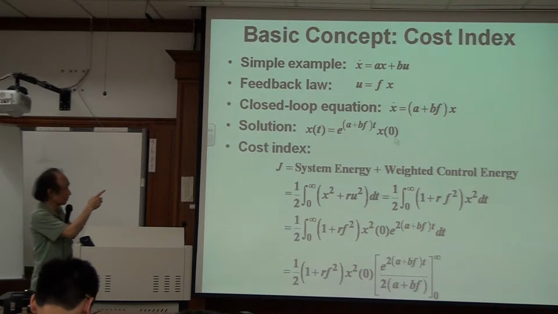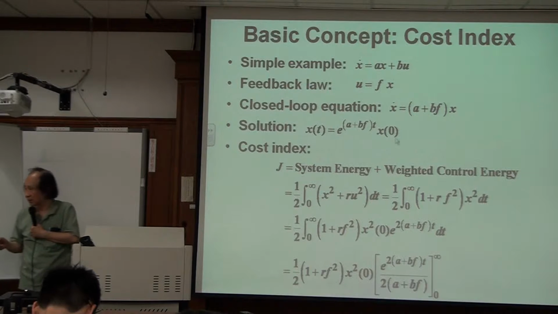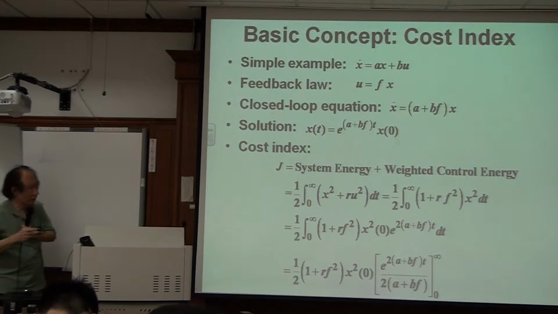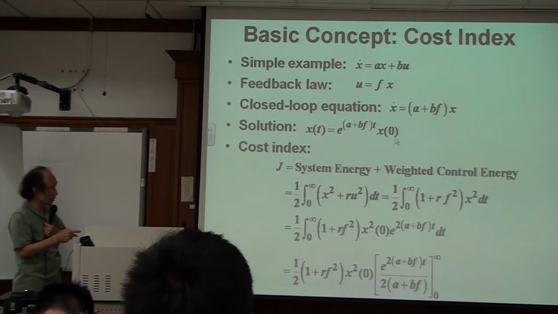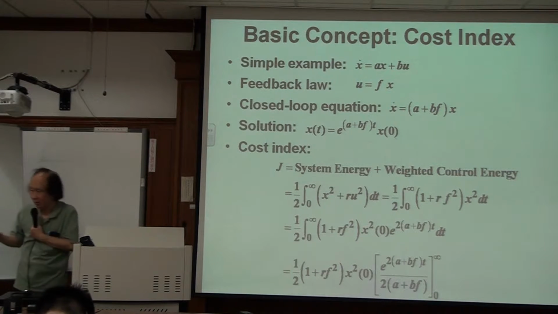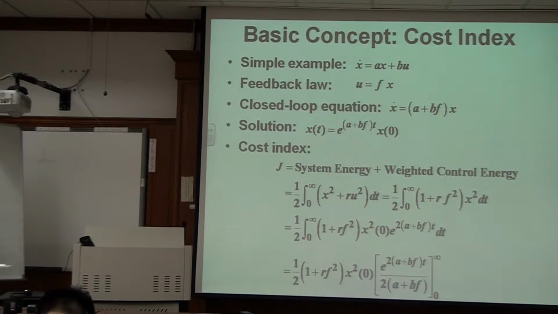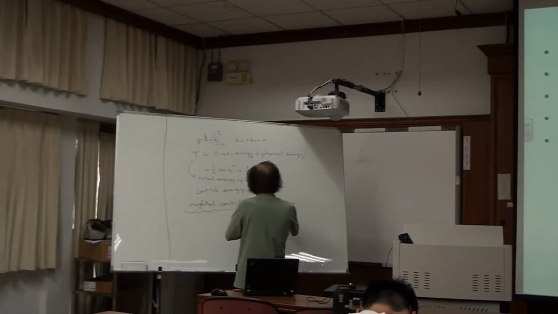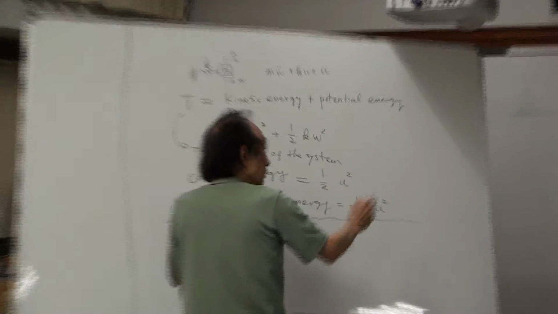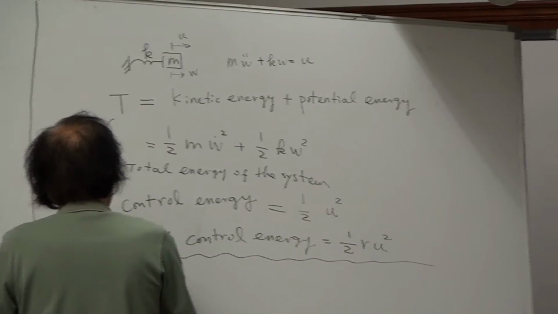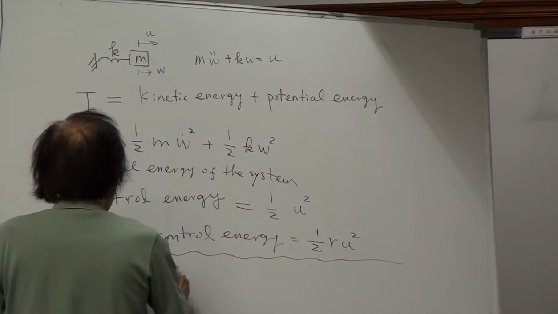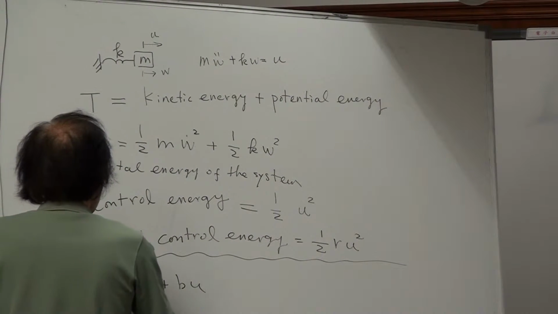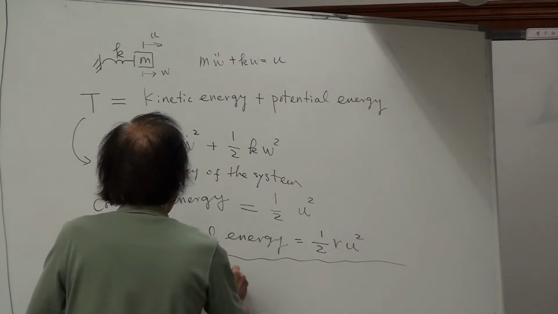For that system, my system energy, I have only one state, which is x. I don't have x dot as my state. So for that simple system, x dot equal to ax plus bu, this is scalar, and this is also scalar.